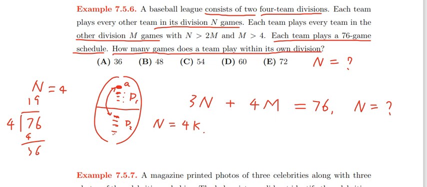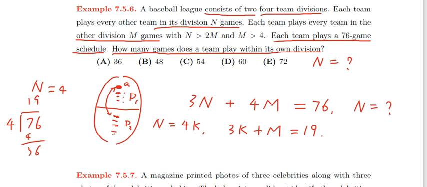So we replace this and divide by 4, so we say 3k plus m equals 19. So what is k?